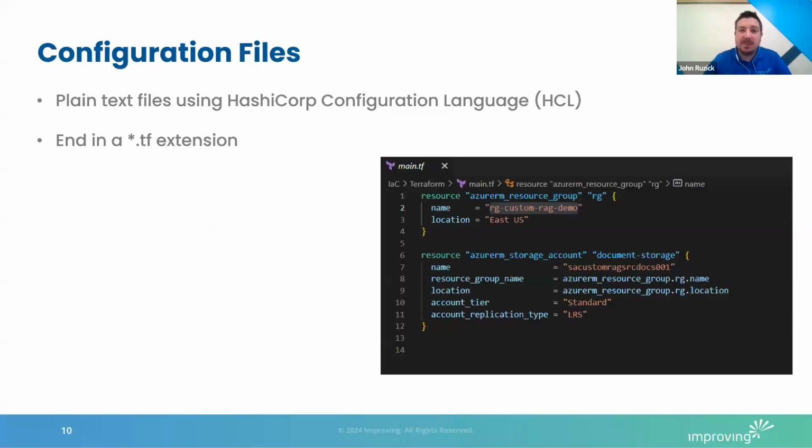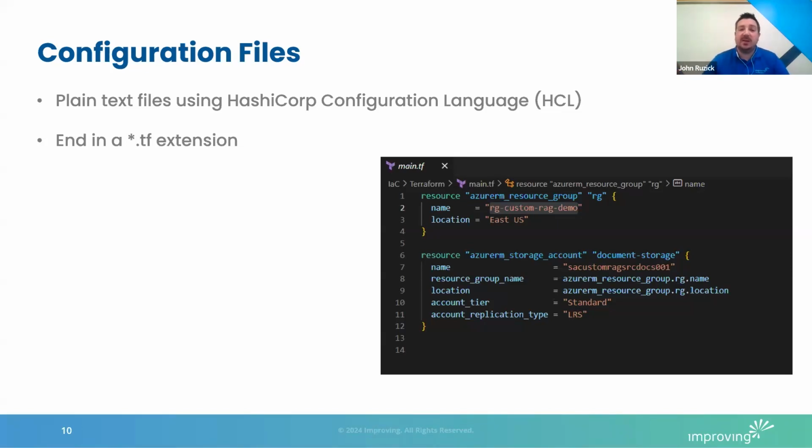So let's talk about some key concepts of Terraform, how it's designed and how it works, and how you can hopefully take this knowledge and use it in your own projects, for both personal or professional usage. So the top level thing that ties all of Terraform together is configuration files, right?